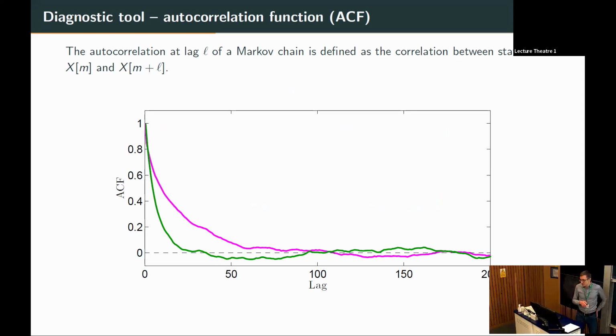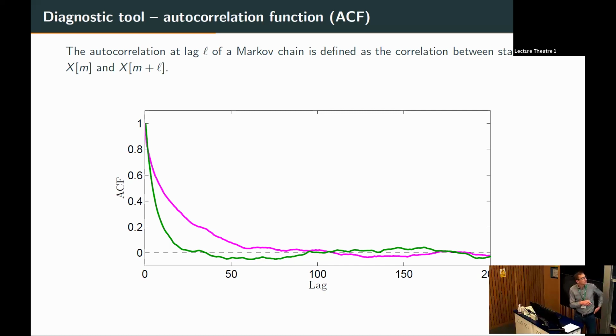The way we are doing this in practice is that we can estimate the autocorrelation function of the Markov chain, and we can then plot it as a function of the lag. It shows us how strongly two states that are separated by a certain lag are correlated.